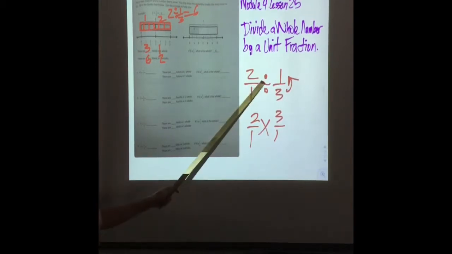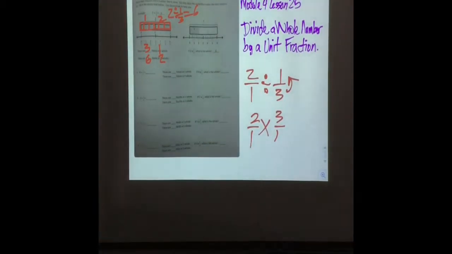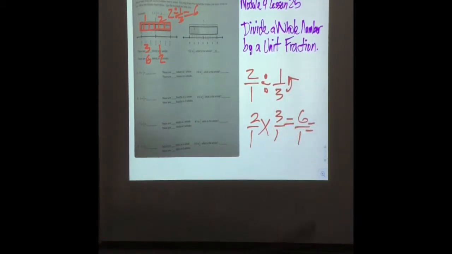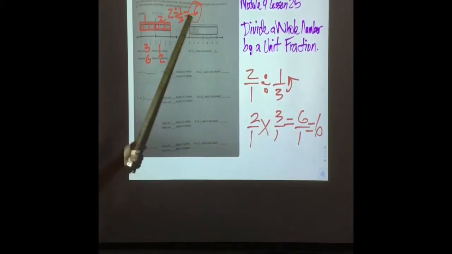And then I'd flip my sign. I'd do the opposite. So 2 times 3 is 6. 1 times 1 is 1. And guess what 6/1 is? It's 6 wholes, right? That's how we got our answer here, right? Does that make sense?